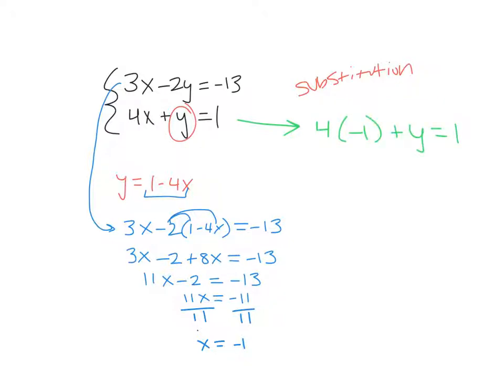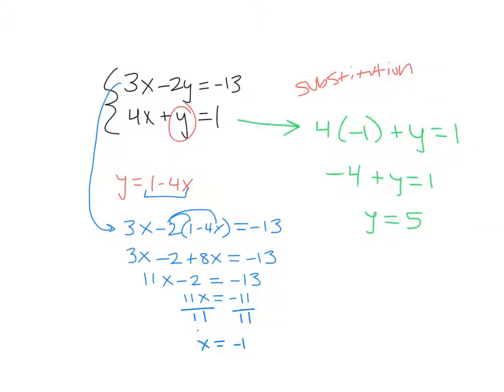And so I have this equation, 4x plus y equals 1. That looks like the simplest equation for me. I'm going to replace x with negative 1, and now I have an equation just in terms of y. And so I get negative 4 plus y equals 1, and so y equals 5.